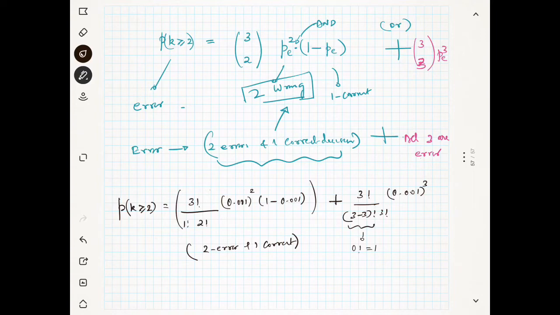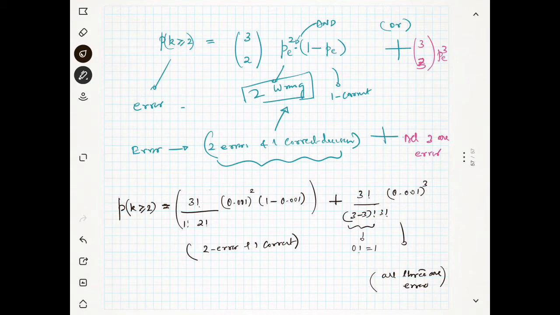So this is coming from all three being errors. If you get at least 2 errors, or if all 3 are errors, then the decision from the received signal is completely in error.